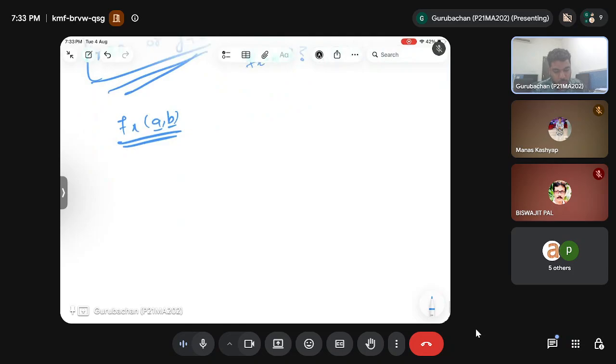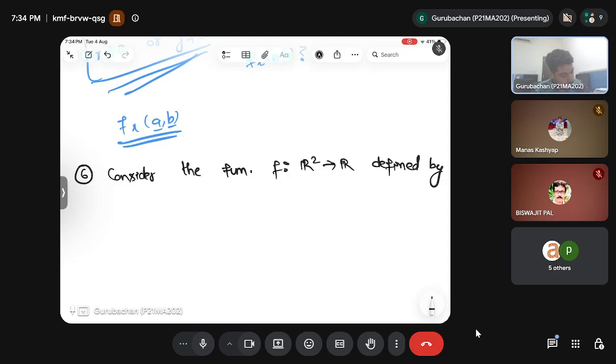So let us quickly do another question so that we don't miss the glimpse. Consider the function f from R squared to R defined by f(x,y) equal to 2x squared y over x to the power 4 plus y squared if (x,y) is non-zero.